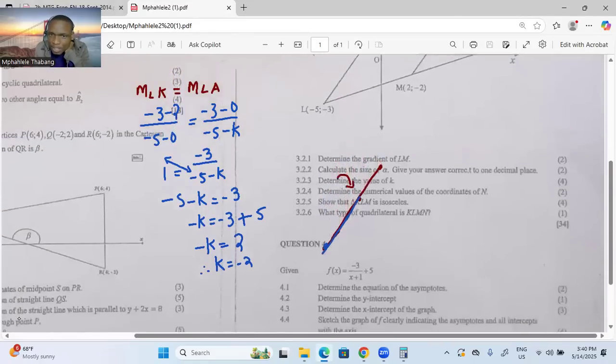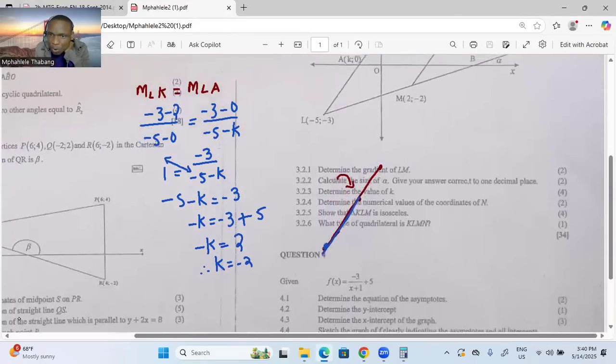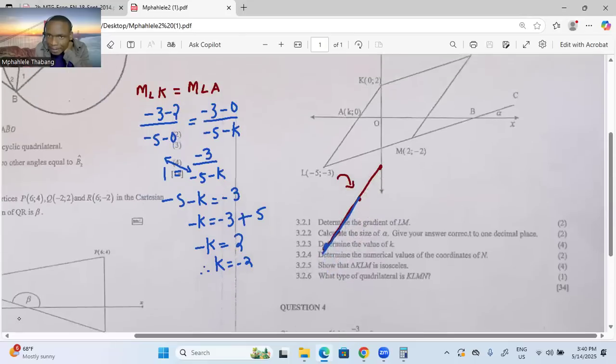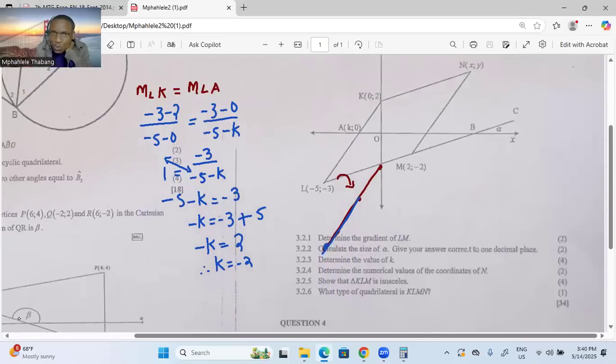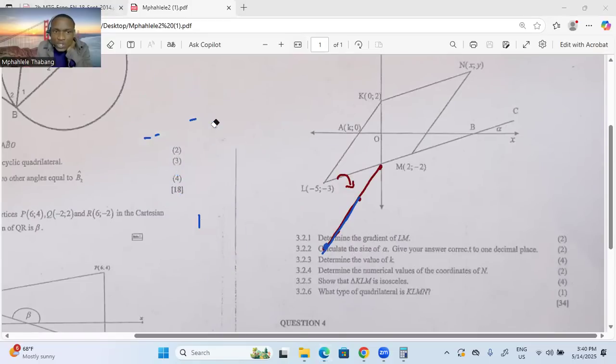Now they say, determine the numerical value of the coordinates of N. We are solving 3.2.4. So we are looking for the coordinates of N. I will approach this by first calculating the midpoint of KM.